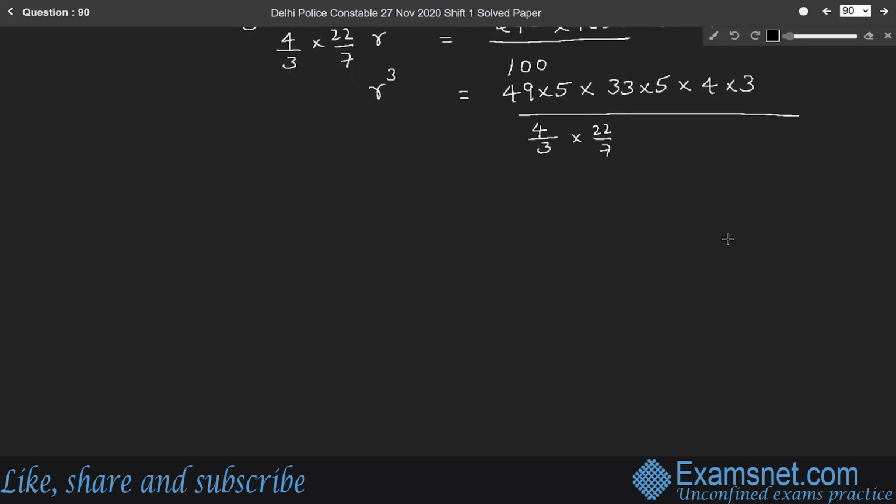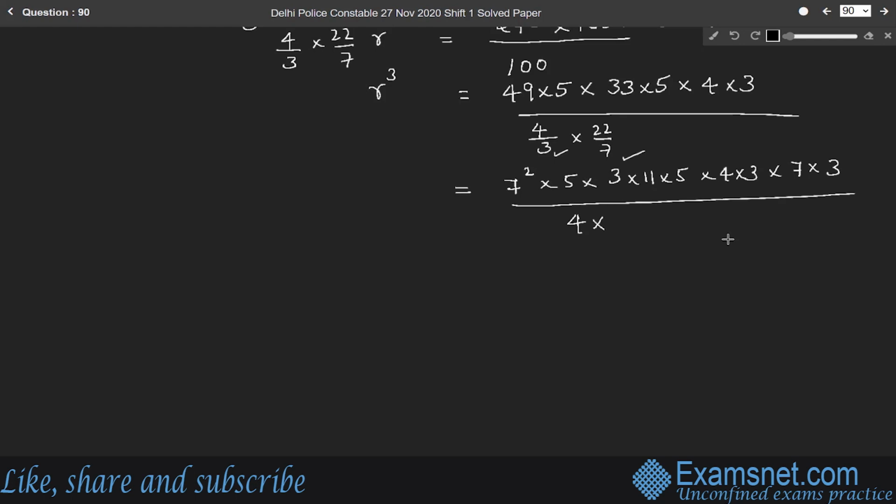So here 49 is square of 7, into 5. 33 can be written as 3 into 11, into 5 into 4 into 3. Here the 7 will go to the numerator, and 3 also will go to the numerator part, divided by 4 into 22, which can be written as 2 into 11.